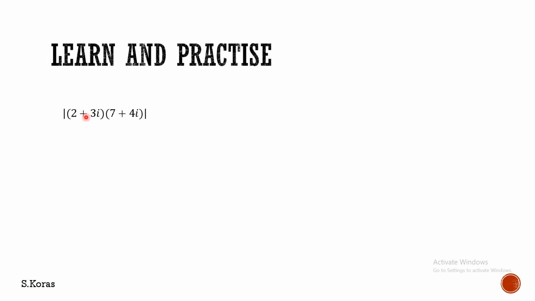Now let us try to find modulus of 2 plus 3i into 7 plus 4i. How to do this problem? If we do it simply, we have to multiply these, then simplify, and you will have a complex number, for which you have to take modulus. But the property says another way: modulus of Z1 into Z2 is nothing but modulus of Z1 into modulus of Z2.